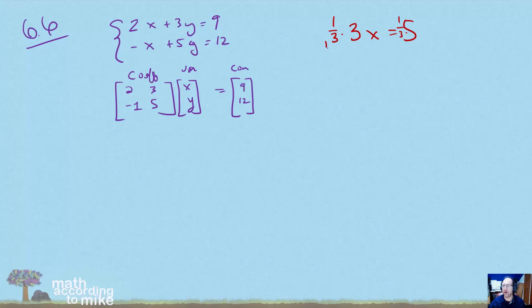Because 1/3 and 3 are inverses of each other under multiplication, when they multiply you just get 1, and 1 times x is just x. So on the other side, you'd have 5/3.